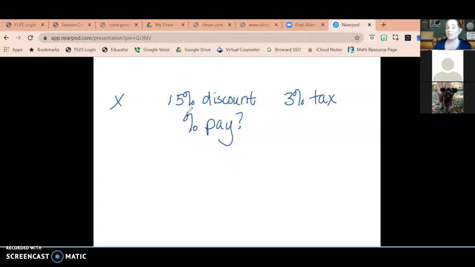If you get to take off 15%, right? Normally you'd have to pay full price. Full price would be 100% of the price, right? So if I can take 15% off of the full price, which is 100%, what percent is left?